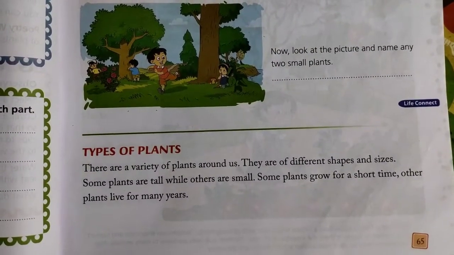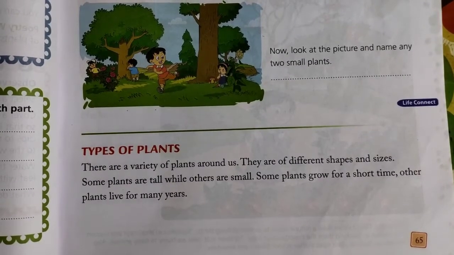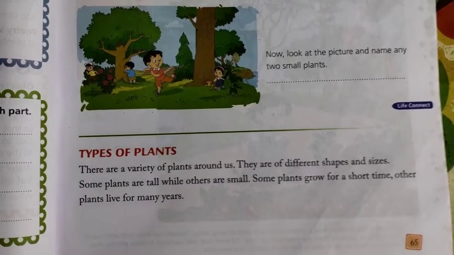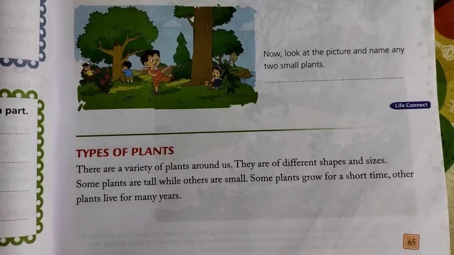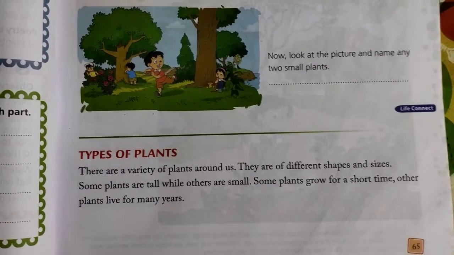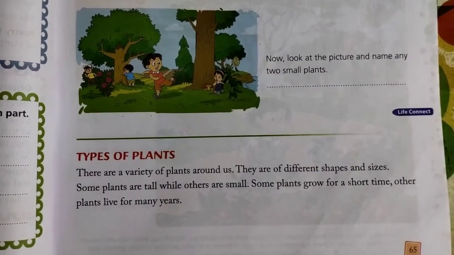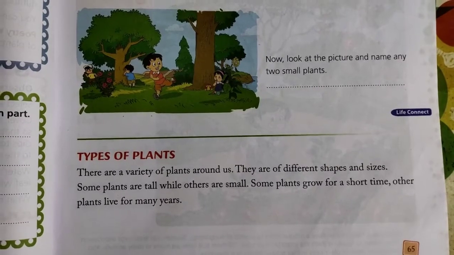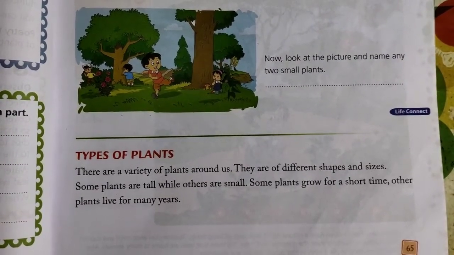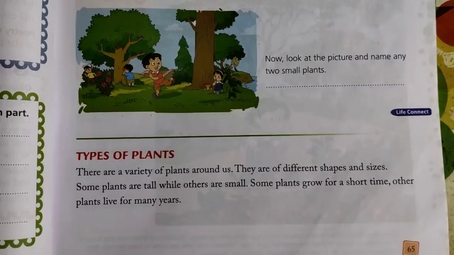They are different types and they have different shapes and sizes. Some plants are very tall and some are very small. Some plants also grow in a short time and other plants live for many years.